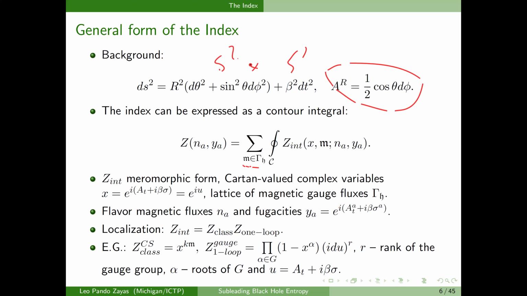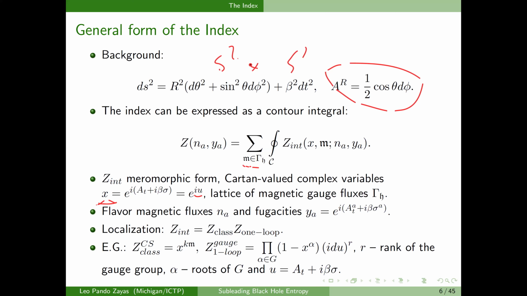This function is a meromorphic form in Cartan-valued complex variables that I will denote either as x or as u, but they are related in this fashion. And I can also introduce flavor magnetic flux, and localization is, again, a separate issue, but it's now a very important tool.